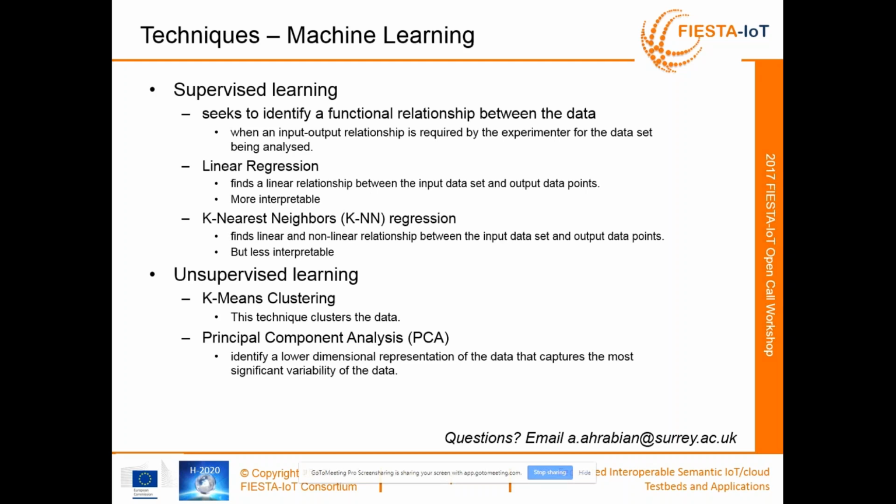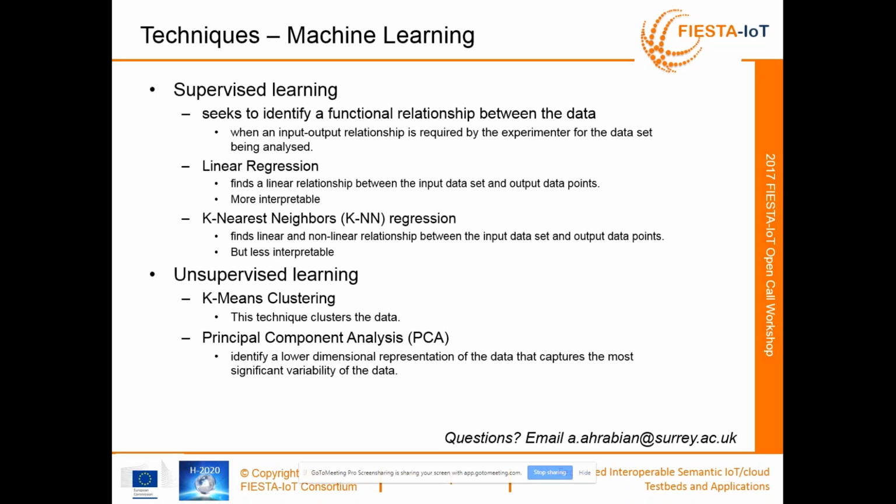Now, the machine learning is broadly split, as I said previously, into two categories, namely supervised and unsupervised learning. In supervised learning, we have basically an input-output relationship with respect to the data. So we specify an output and an input, and we want to train a model which relates the input and output. We've selected two techniques for that.